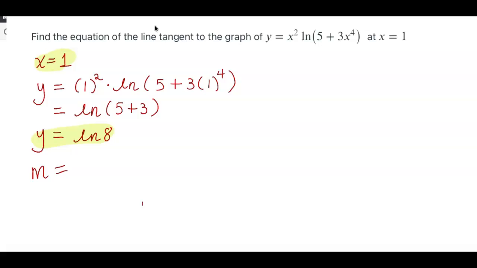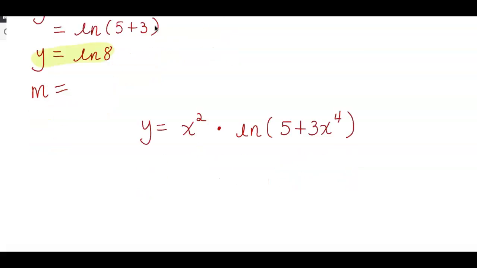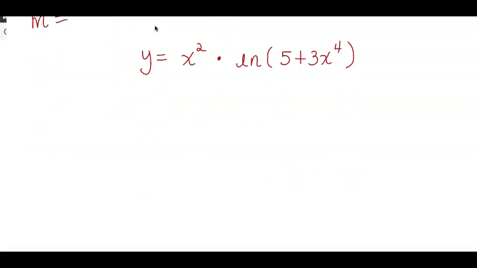So y is x squared times natural log of 5 plus 3x to the fourth power. That means doing my product rule. This is where I stopped on my first attempt.